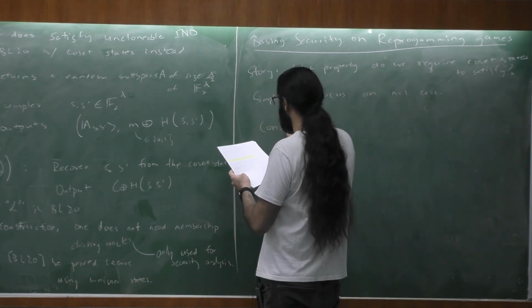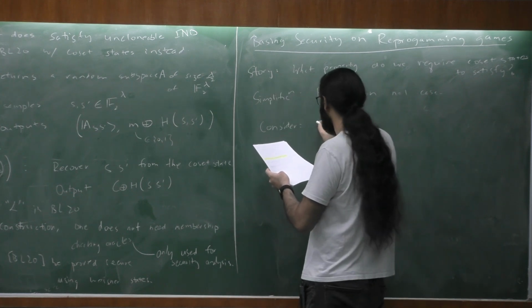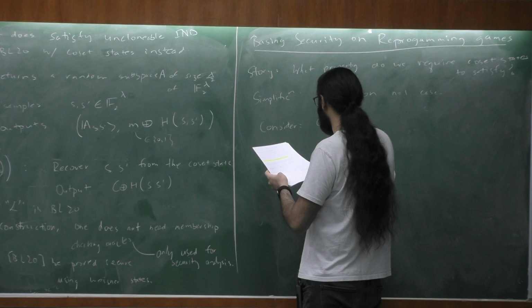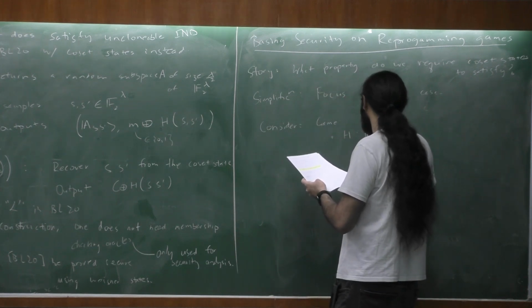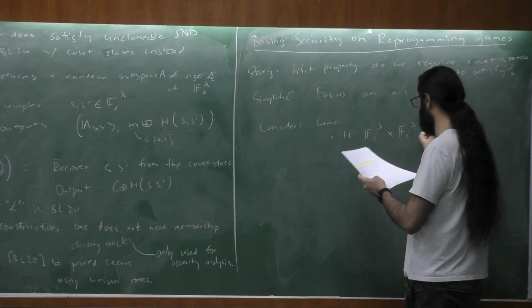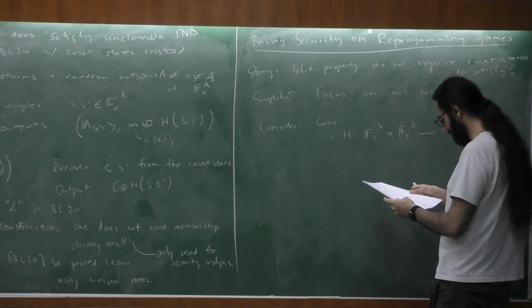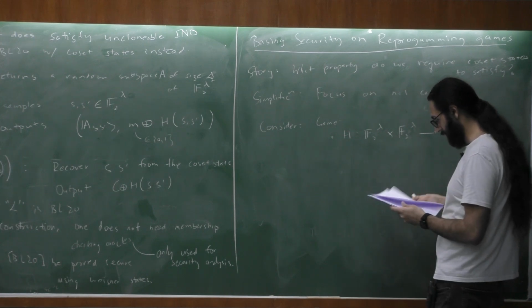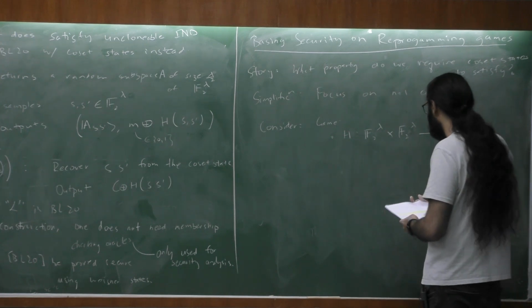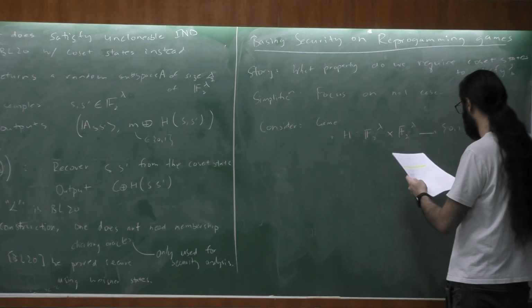Okay, so we consider the following game. Here's the game. H is a random oracle from F to the lambda, cross F to the lambda, to {0,1}. I'll give the game and then I guess we'll have to pause because we only have about 3 minutes.